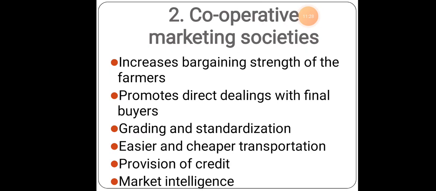Next thing, it promotes direct dealings with the final buyers. As I told, there will be no middleman in the middle. Instead, the people will be directly selling their products in the market, which will yield a good result for them. Good result in the sense, the profit or the money which they get. Next, grading and standardization. What happens when many people come together? Someone or the other will have some plan or idea of doing something different.